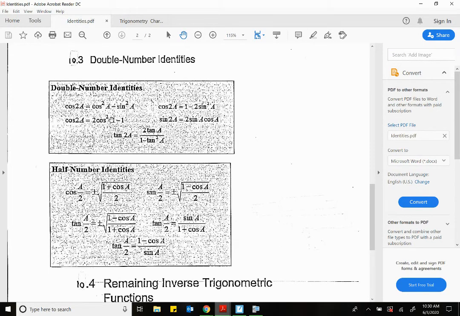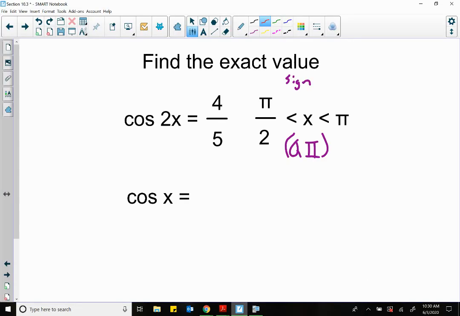And all you need to do is apply the formula and solve for cosine. Okay? So we know that cosine 2a is equal to 2 times cosine squared a minus 1. Plug in and solve. Go. And then remember, your answer, the sign of it will be based off of whatever happens to cosine in quadrant 2.